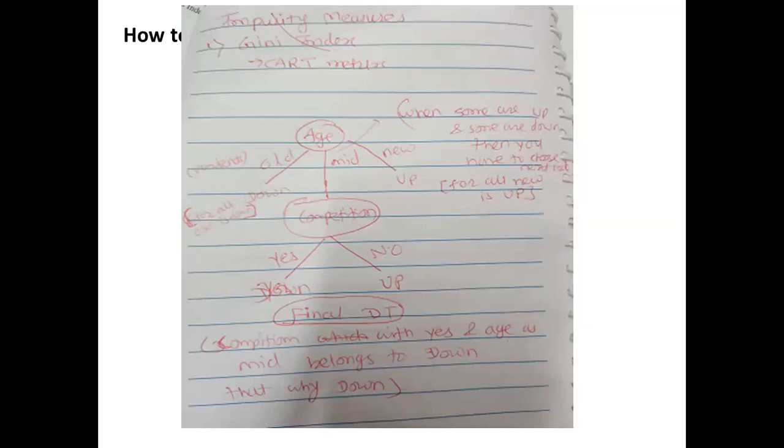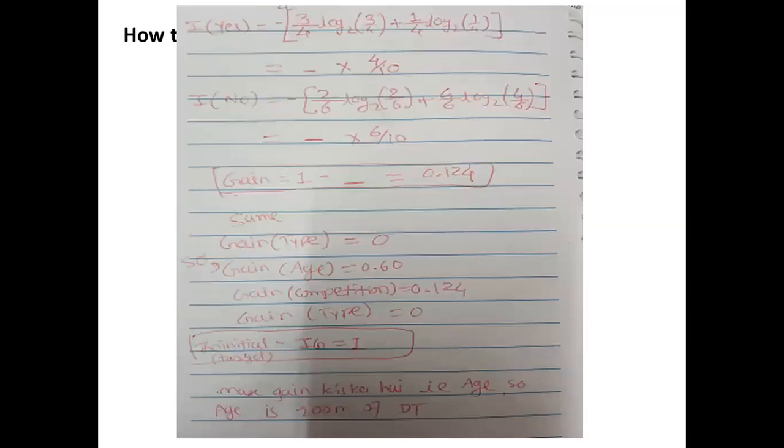Now competition has two possible outcomes, yes and no. Now if we consider, we have to find out in the table. For yes we are showing down, and for no we are showing up. Now how have we calculated that? If we consider competition yes, then for competition with the yes value, it's showing down, right?